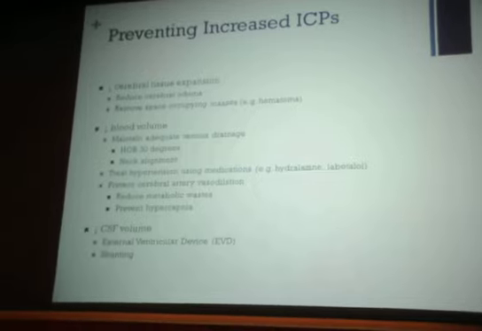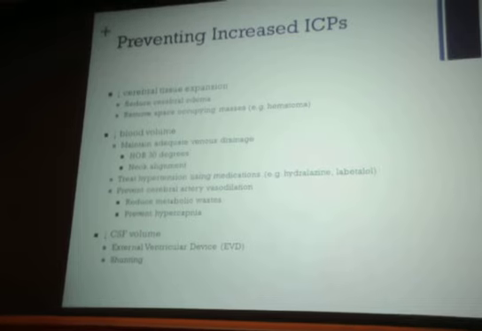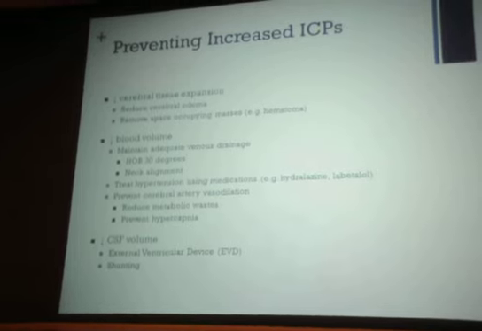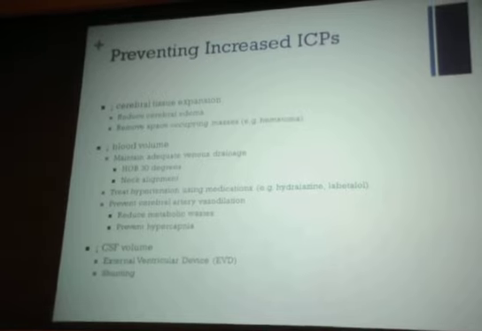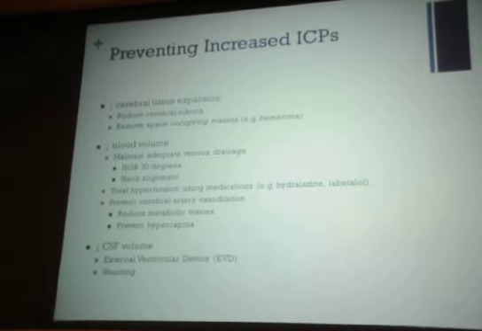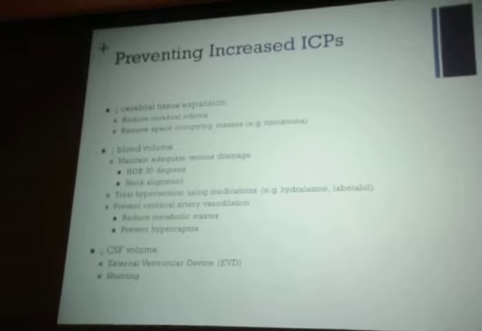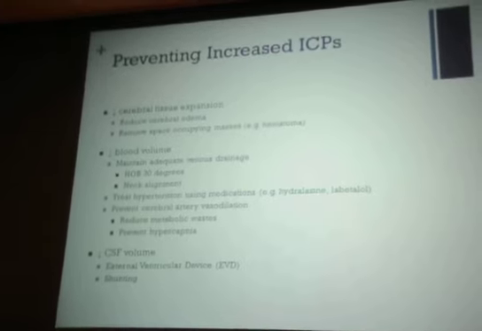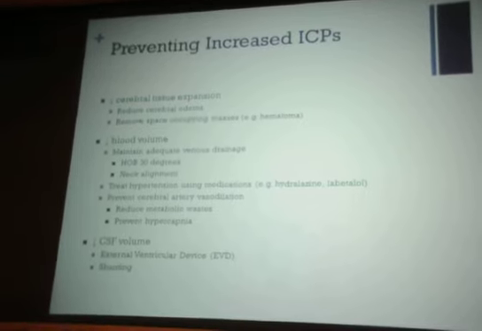So, ways that we can prevent increased ICPs. One way is we can decrease cerebral tissue expansion. We can do that by reducing cerebral edema and removing space-occupying masses such as a large hematoma. We can also decrease blood volume. We can maintain adequate venous drainage, and nursing interventions include keeping head of bed at 30 degrees and maintaining proper neck alignment.